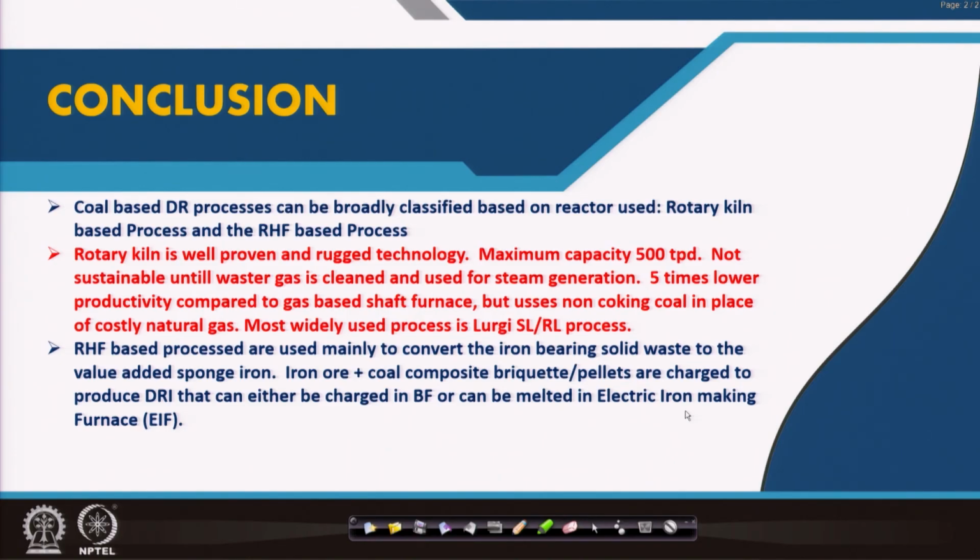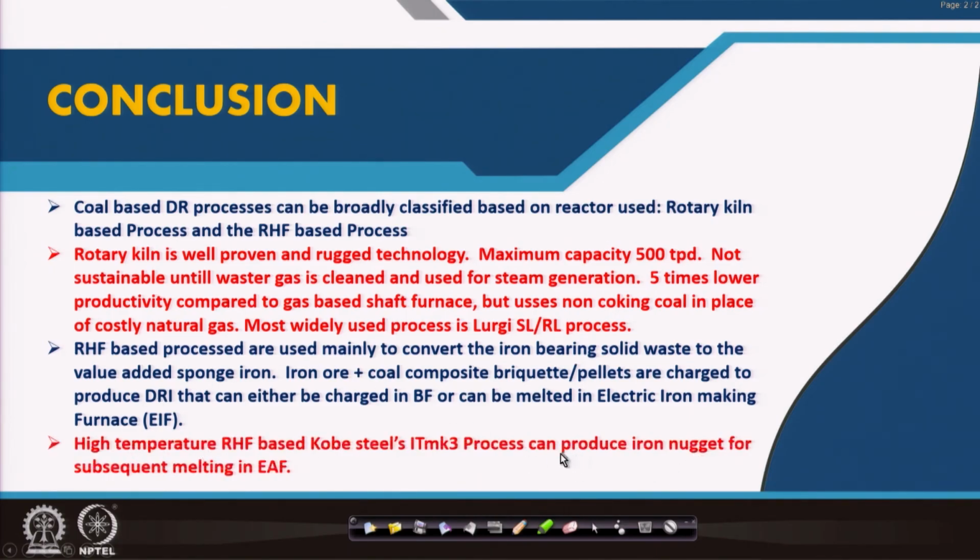Then they can be melted in the electric iron making furnace, where you can separate the gangue and reduce the unmetallized FeO to iron. Okay. So, the major advantage for why the RHF will find scope is that it can utilize solid waste, and the reactor is such that we can compromise on the quality of the raw material. So, that is the advantage of the rotary hearth furnace.